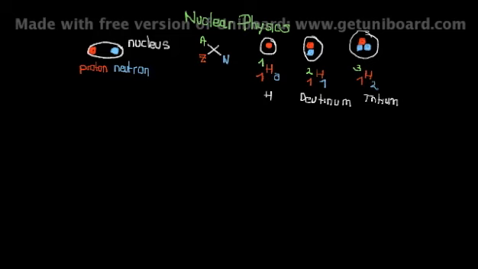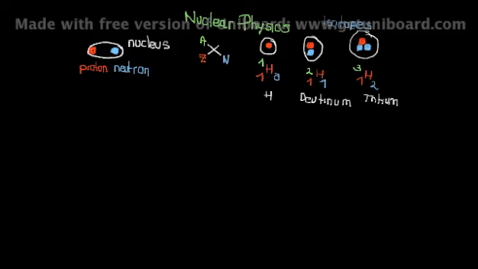So here we have the isotopes of the hydrogen. Isotopes are different nuclei with the same number of protons but different numbers of neutrons.